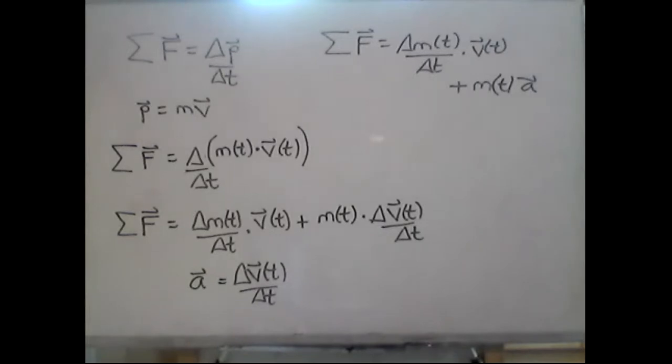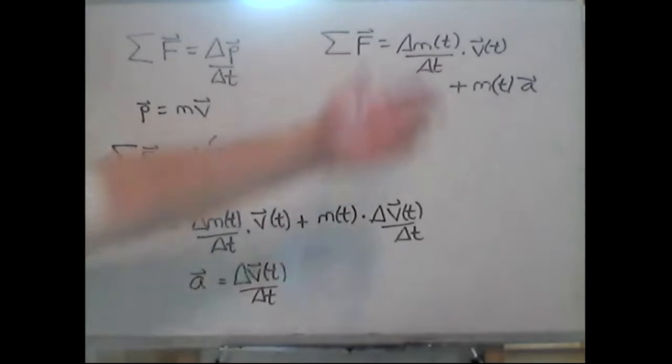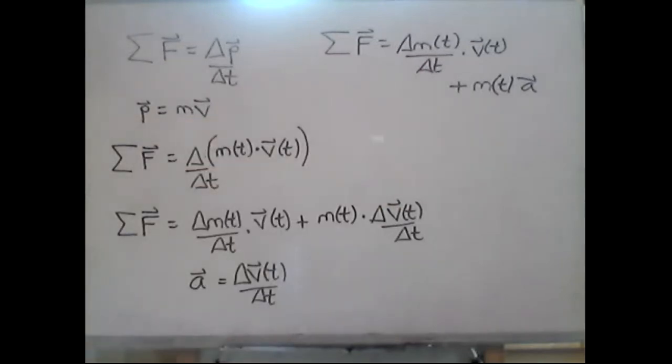Now, how do I get the form from a couple of chapters ago? Well, I do that by trying to, that term would have to go to 0 somehow. And it would go to 0 if delta m with respect to t would go to 0. Why? When? If the mass was a constant.